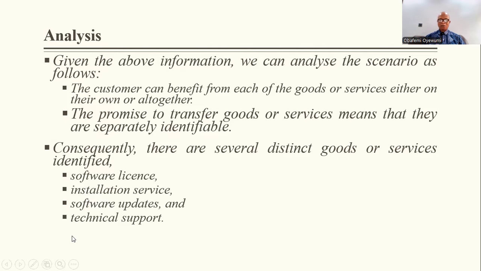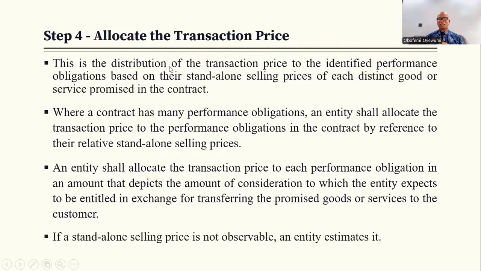So this time around, we're talking about how you allocate the price to all these unique, different and distinct goods or services. We're saying you are to distribute the transaction price to the identified performance obligations based on the standalone selling prices of each distinct good or service promised in the contract.